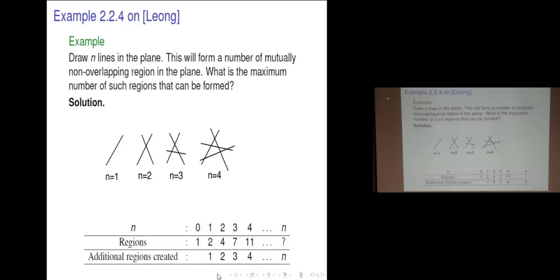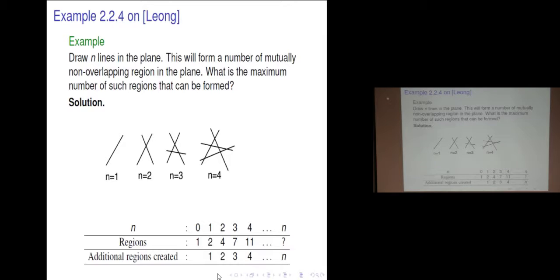Then after the second line, you create another region. So altogether, you create 1, 2, 3 regions. You cannot split the top because, unfortunately, the line is not a curve. You cannot turn it, right? So I hope it is clear that when n equals 3, you add 3 more regions.